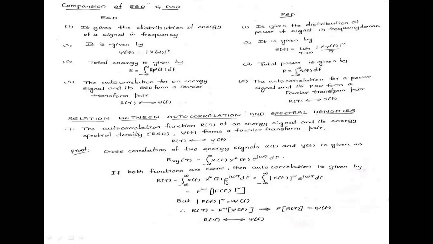X star of f times X of f is the squared magnitude of X of f, and the squared magnitude of X of f is psi of f. Substituting, it is the integral of psi of f from minus infinity to infinity, which is the inverse Fourier transformation relation for R of tau. So R of tau is the Fourier transformation relation of psi of f only. Got it, my students?